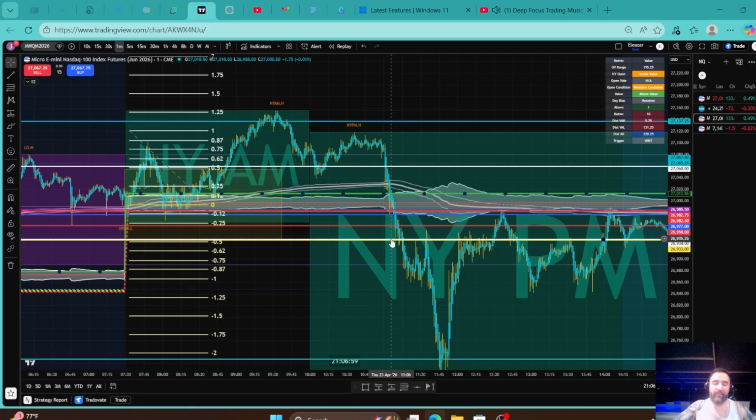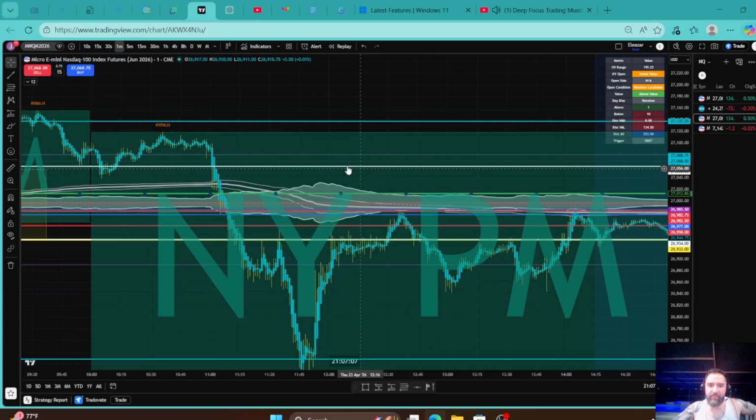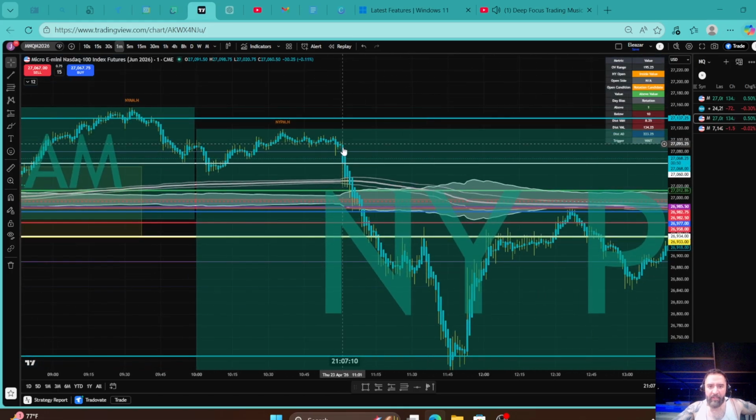Timing my entries a little bit better, trusting the move earlier, because there are times that I still struggle. You know, when I saw this right here, this particular move, and I saw that it went through VWAP, I was like, is this really the move here? You know, and I still hesitated. But at one point I got in and it hit my target. Okay, I gotta filter the noise better.